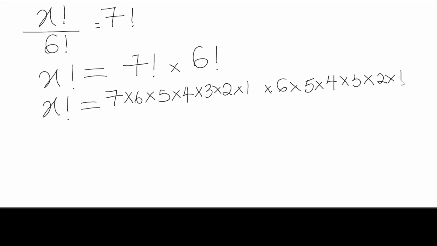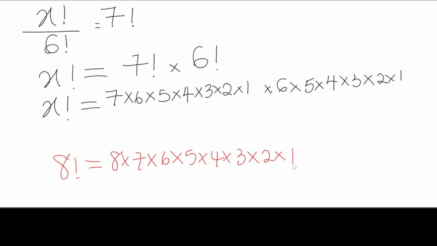Having gotten this, we now begin to look into certain things. You remember that 8 factorial is definitely going to be equal to 8 times 7 times 6 times 5 times 4 times 3, then times 2, then times 1.